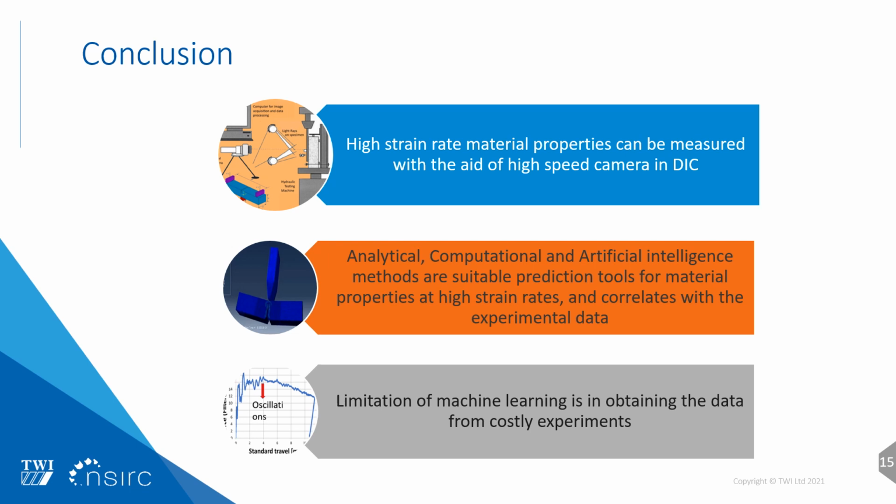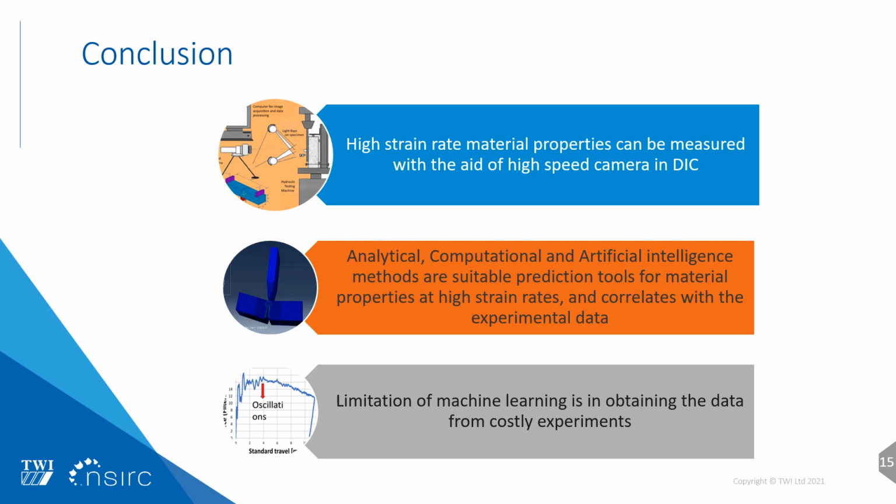The analytical model was applied too, and also the computational method, as well as the artificial intelligence method. These are used for predicting, and then we correlated the experimental results with them, and we could agree that there is a quite reasonable correlation between these methods and the experiment. That is to say, we could predict using these methods the fracture toughness of material at different conditions.